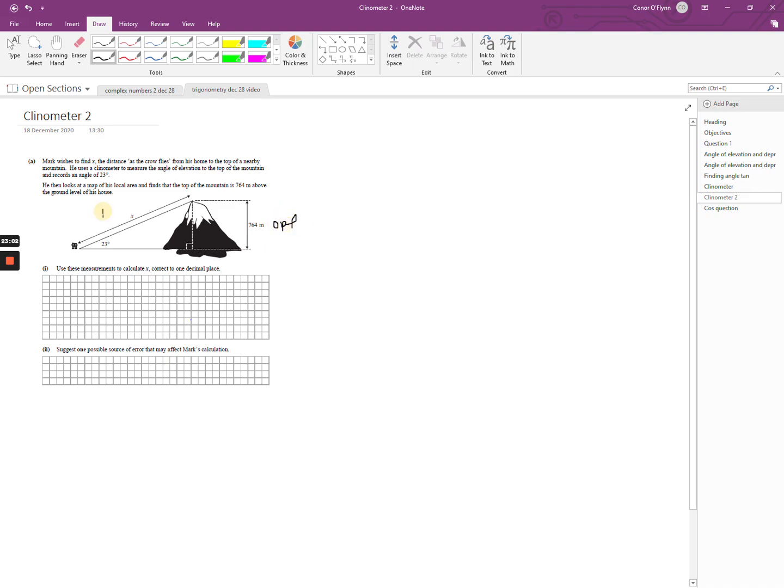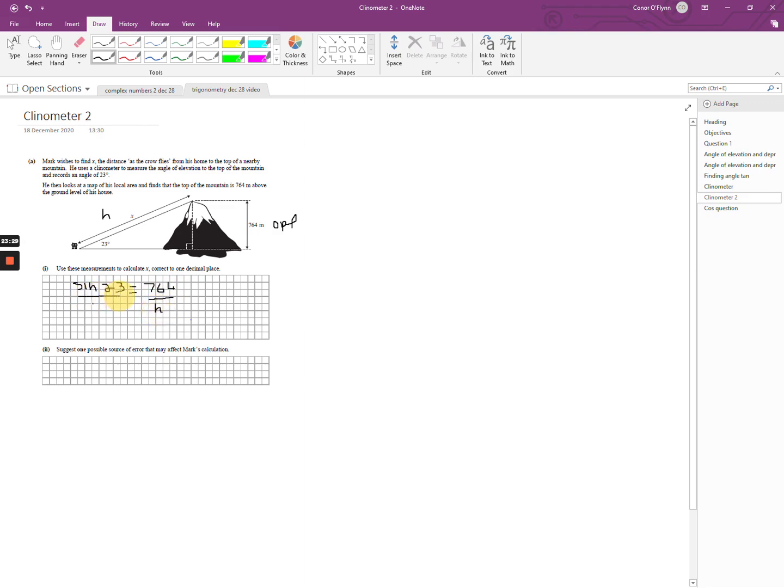That's my hypotenuse. So that has to be sine. So it's just sine of 23 equals 764 over h.